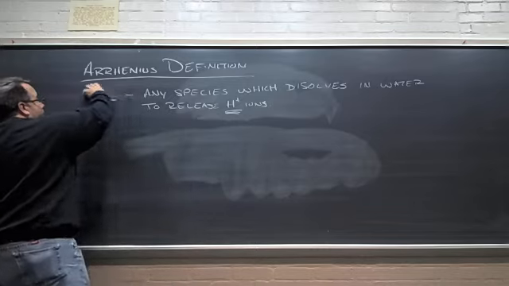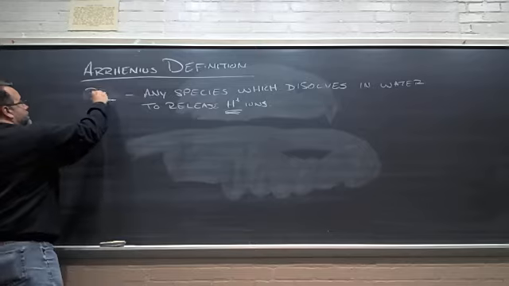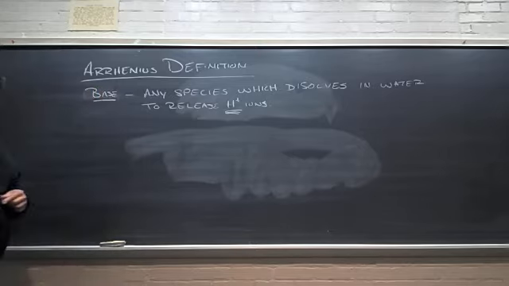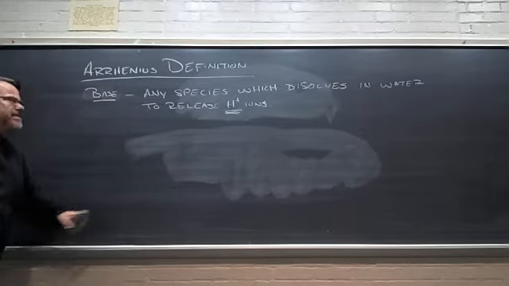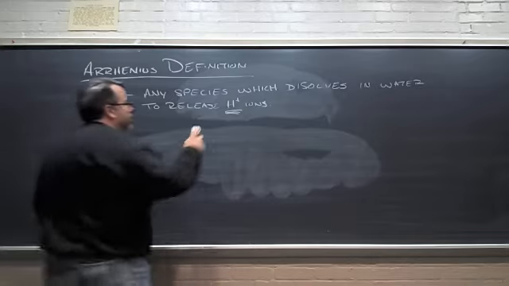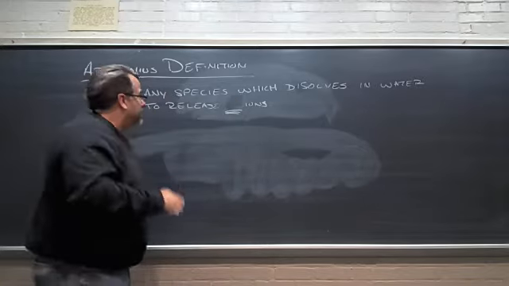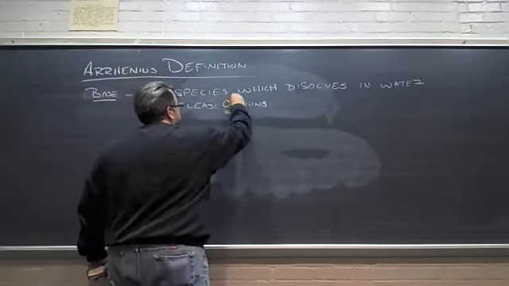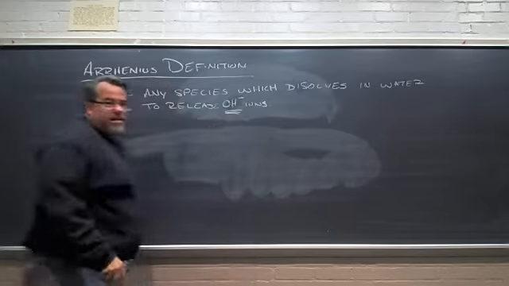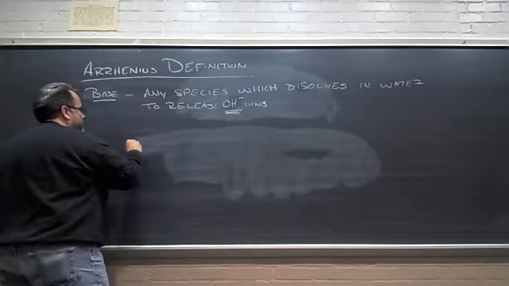All right. A lot of the words here are the same, so we'll leave the same thing up here. A base in the Arrhenius model is any species that dissolves in water to release, instead of H plus ions, hydroxide ions. And notice the hydroxides are anions, right?